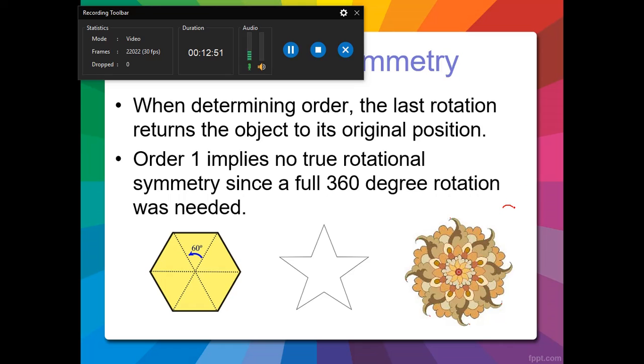We can turn it. So we'll do 360 divided by 8 points. And that means every time I turn it 45 degrees, I'm going to get the object to look the same. Since it will take me 8 turns to get all the way back to the beginning, this object has an order of 8.